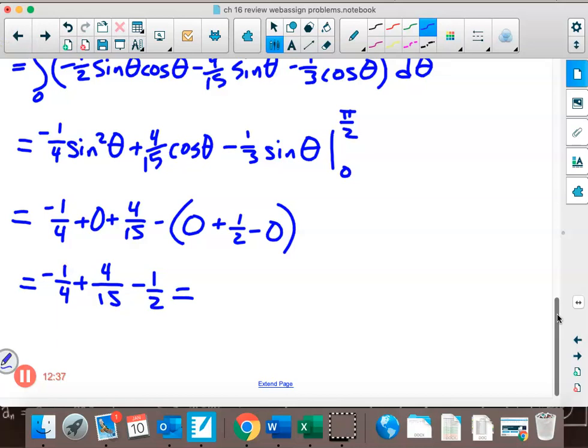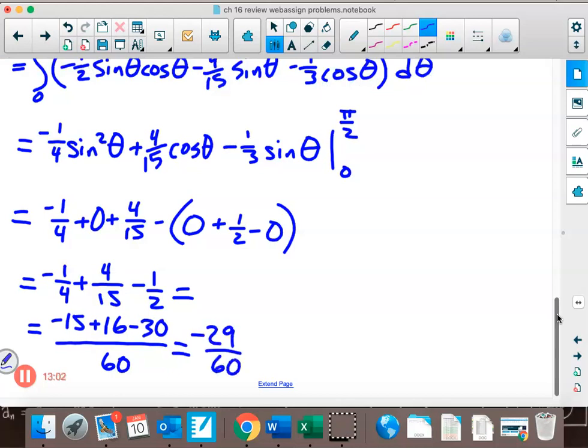Now let's do this out of 60. Negative 15 plus 16 minus 30 over 60. I got negative 29/60. Still no? I got negative 17.